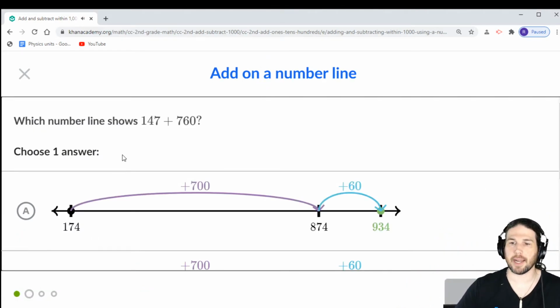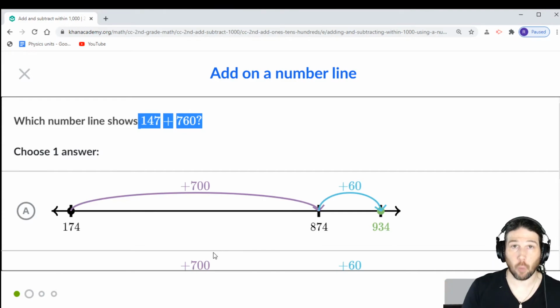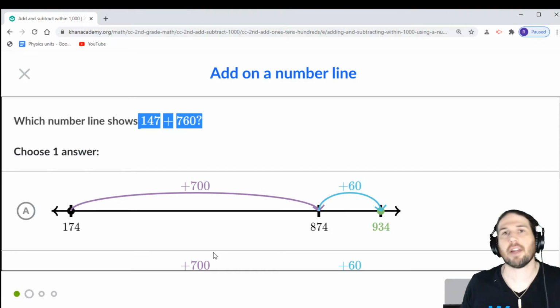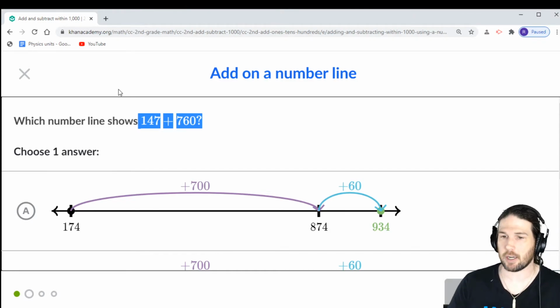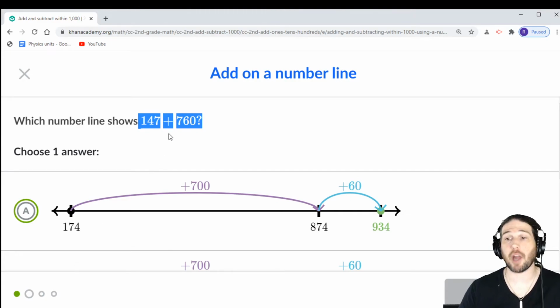Which number line shows 147 plus 760? So clearly we're going to start at 147, and then we are probably going to jump up 700 and then 60. Or maybe the other way around, the order does not matter. So this one's wrong, A, because it actually starts at 174, not 147.